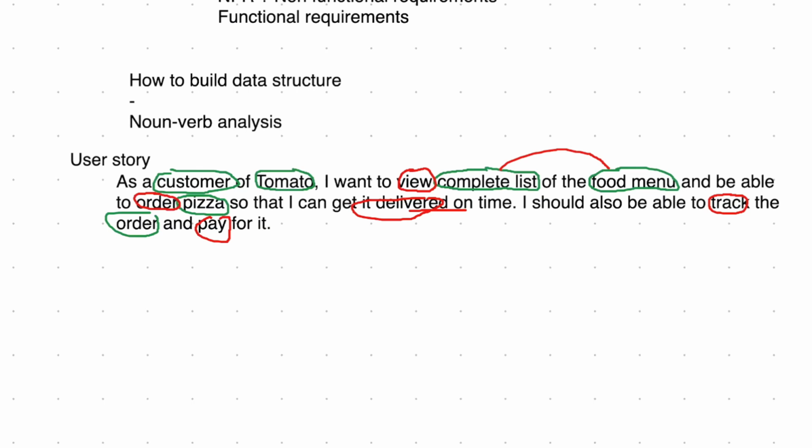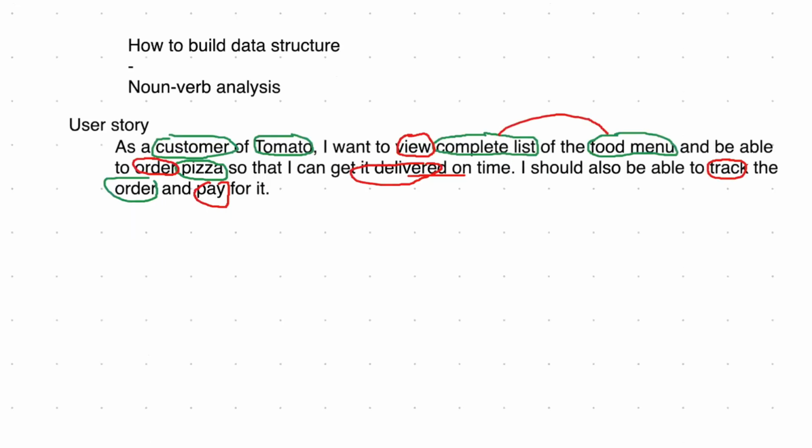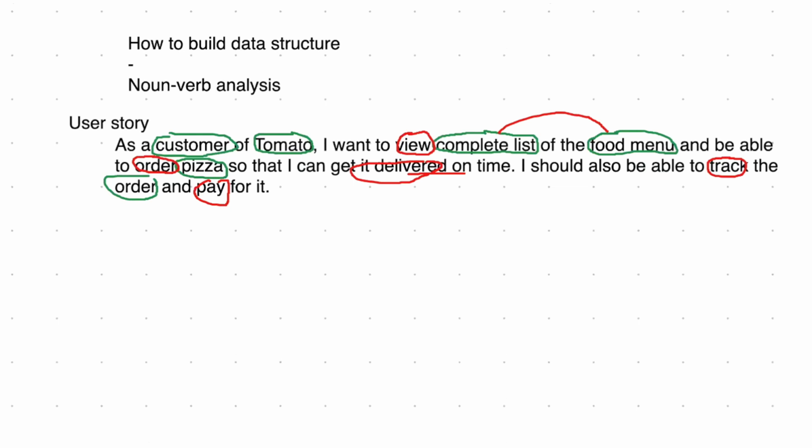So let's go step by step here. Whenever you're talking about a customer, let's say I have this customer. I could have an infinite number of features about a customer, but I'm not bothered about all of it. I don't want to know who's the boyfriend or girlfriend of this customer.